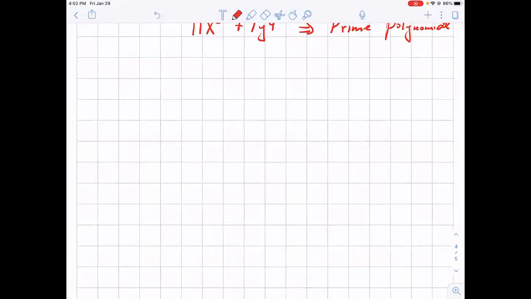So here's another example of factoring. I would like you to factor for me 5 times (x plus y) plus x times (x plus y).